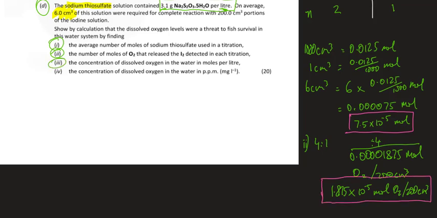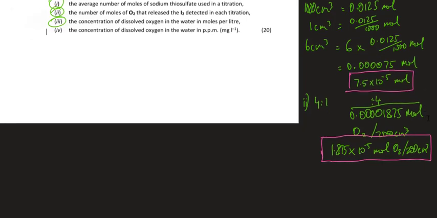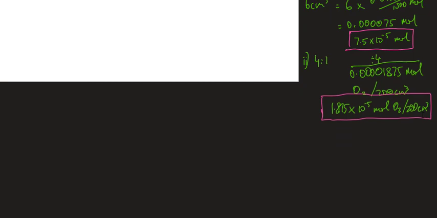Part 3. I want to calculate the concentration of dissolved oxygen in the water in moles per liter. Okay, so we've got it in moles per 200 centimeters cubed. So we need to make that up to a liter. So we're just going to multiply that by 5, because 5 200s would bring us up to 1,000.